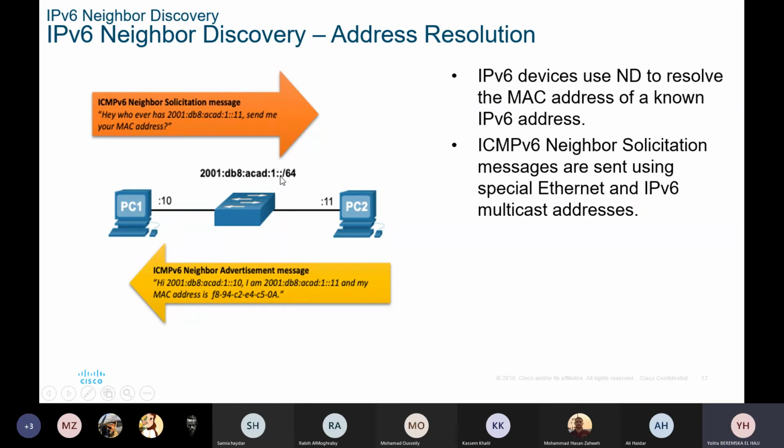And after the 4 points comes the other part, which concerns the additional addresses of these end devices. So when this message is sent, PC2 will find out that it concerns its IP address. So it is going to respond with a neighbor advertisement, and it will send its MAC address to PC1. After this, PC1 can create the frames and send its messages to PC2.